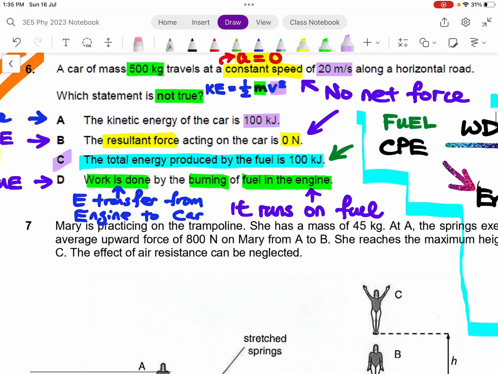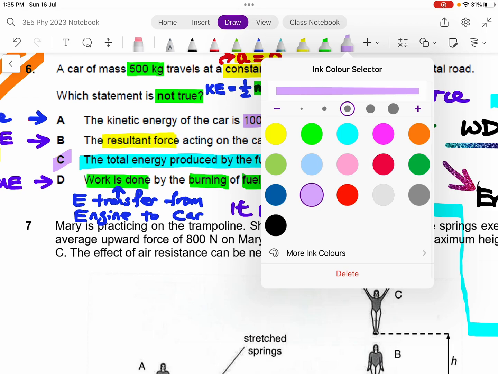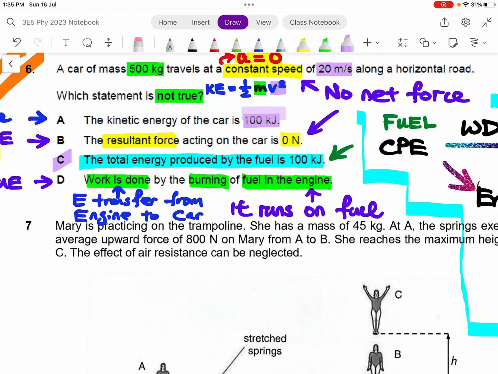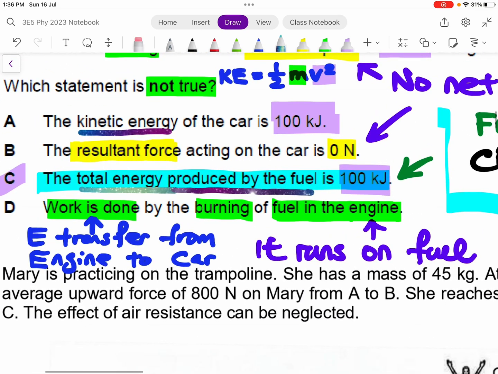If you think about it, you will notice something very strange in C, because you can see that these 100 kilojoules and these 100 kilojoules are the same. And previously in the explanation of D, I said that the energy from the fuel must be responsible for the kinetic energy of the car, right? Meaning I would expect whatever energy is released by the fuel must be converted to kinetic energy.